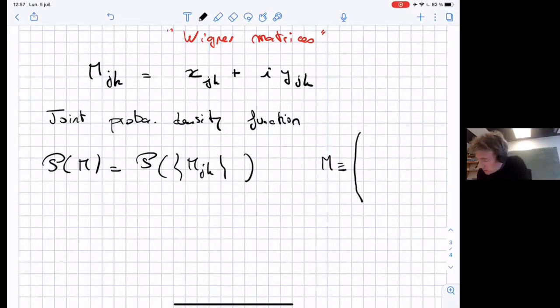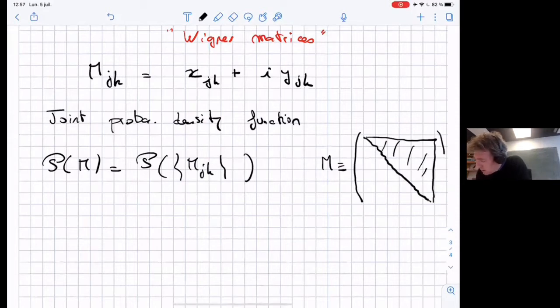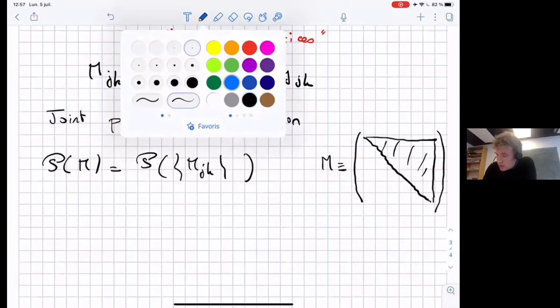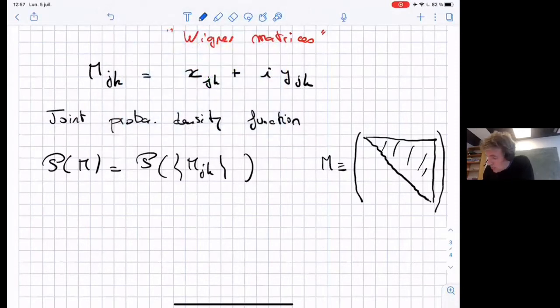So that means that essentially you will take randomly all the elements that are in the upper triangle, including the diagonal, and then the lower triangle is just fixed by symmetry.